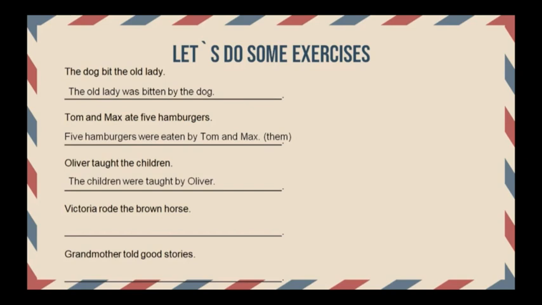Victoria rode the brown horse. Here, Victoria is the subject, rode is the verb, the brown horse is an object. Then the brown horse will be the subject in the passive sentence. So the brown horse was ridden by Victoria.